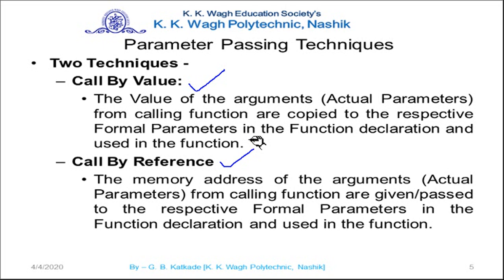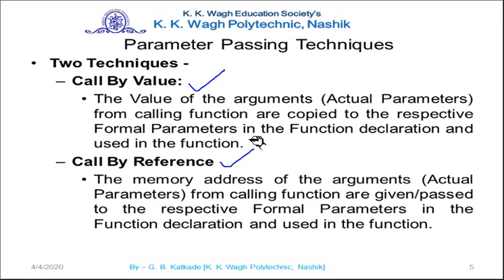In call by reference, rather than passing the value, the memory address of the arguments, that is, the actual parameters from the calling function, is given to the respective formal parameters in the called function.